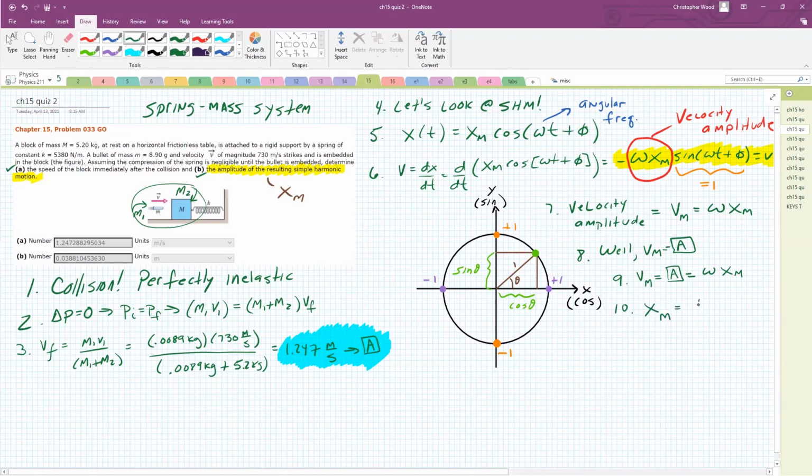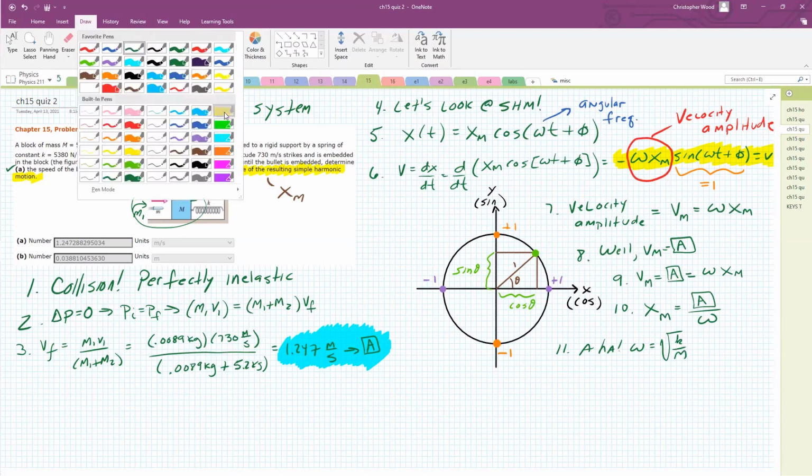X sub M equals calculator memory location A all over omega. And now what do we do about omega? Don't know omega. So number 11, remember, omega for a simple harmonic oscillator equals the square root of K over M. Well, all right. Now here we need to be careful. I know what K is.